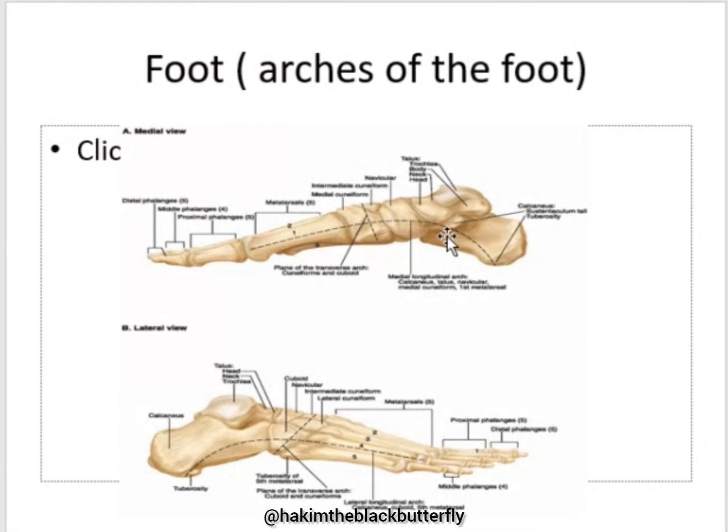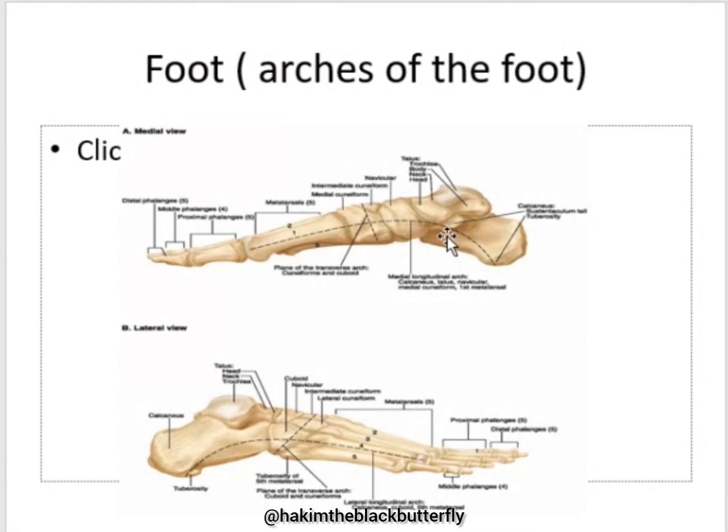Then we have been seeing the tendons which insert on the foot. These tendons which insert in the foot, when these muscles contract, the tendons pull upwardly, and when the tendons pull upwardly, they raise the arches so that the arches remain suspended.